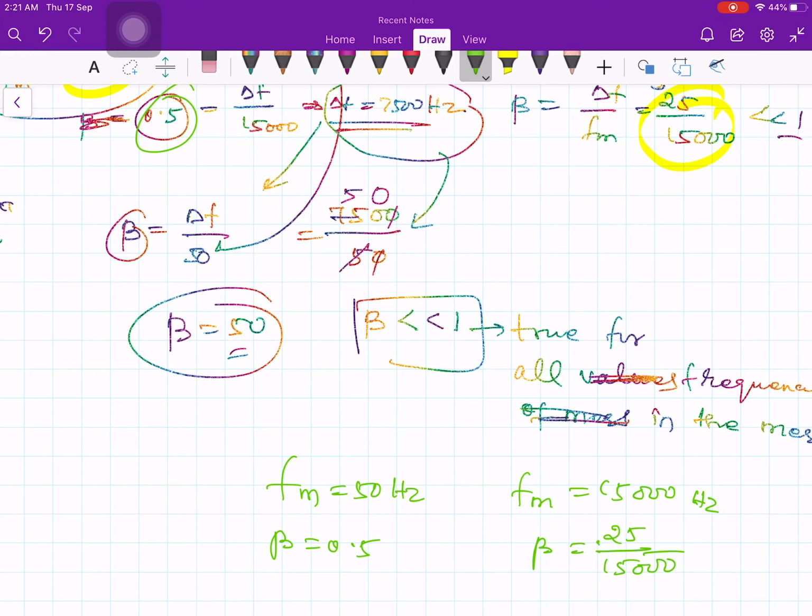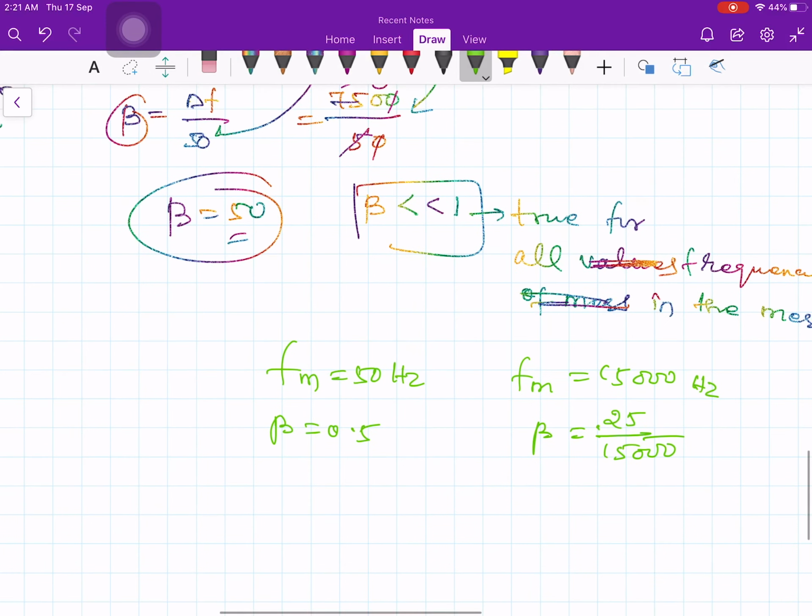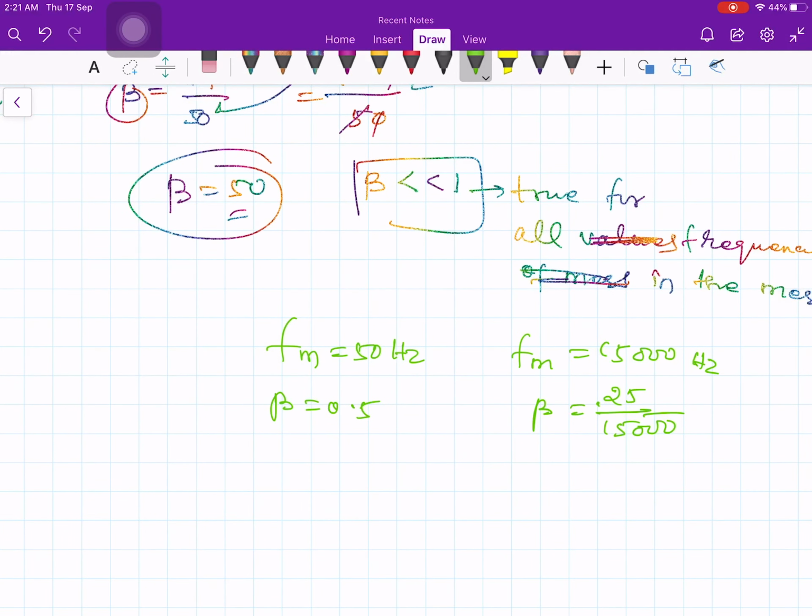Okay, so it is a very small value, less than 1. Therefore for the lowest frequency beta is equal to 0.5. It gives a poor approximation.